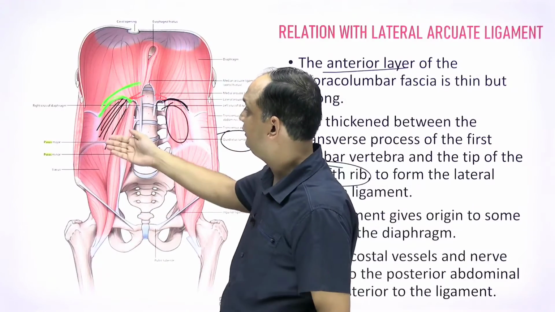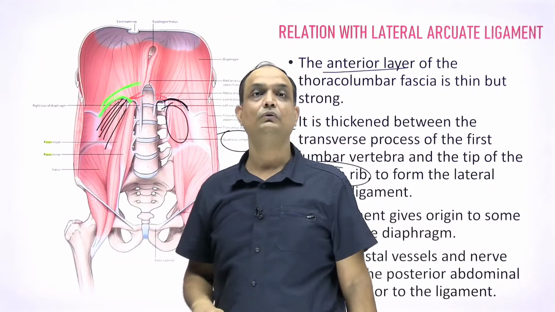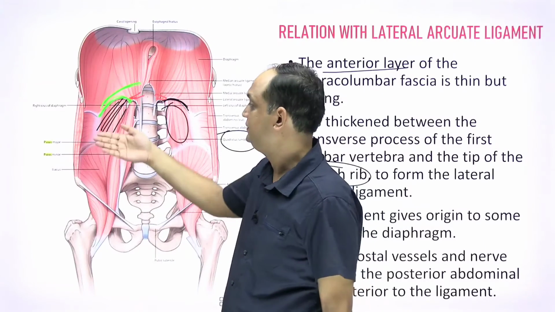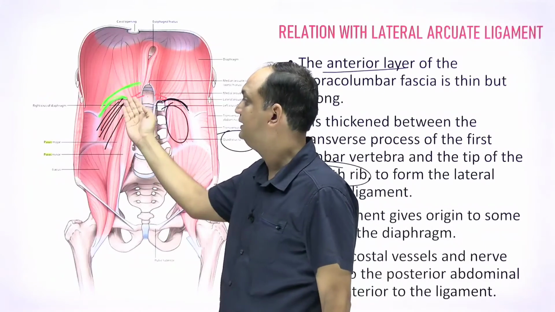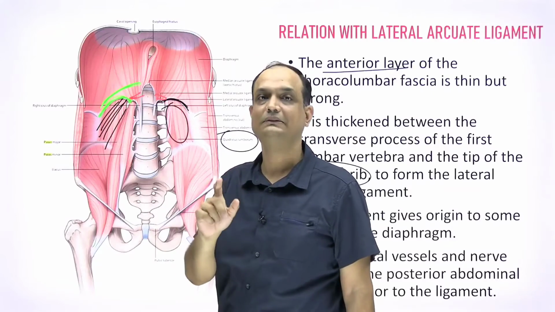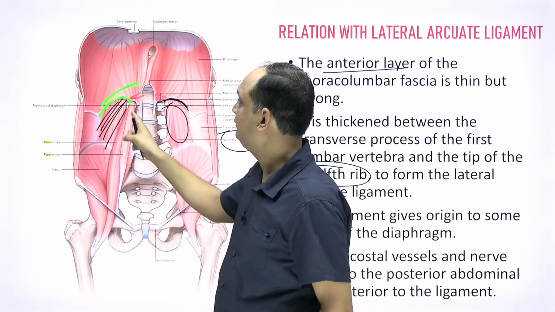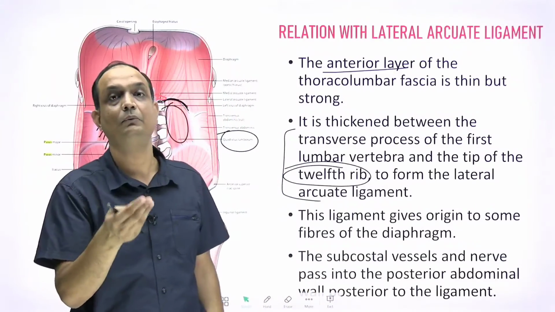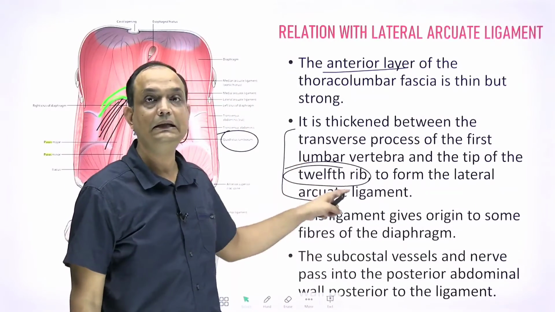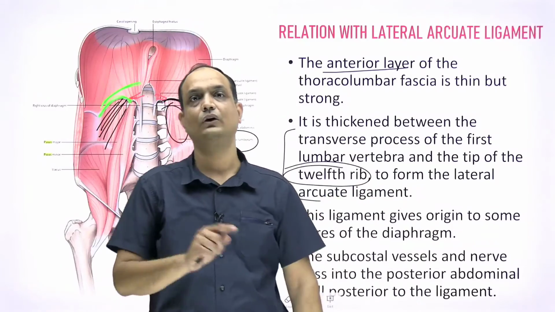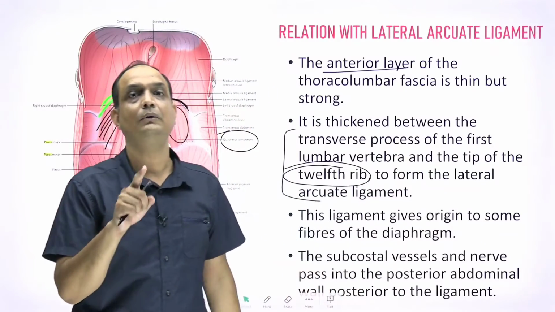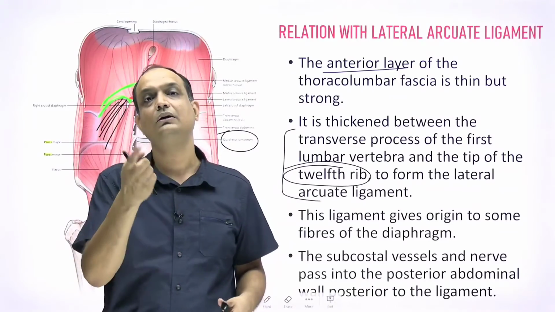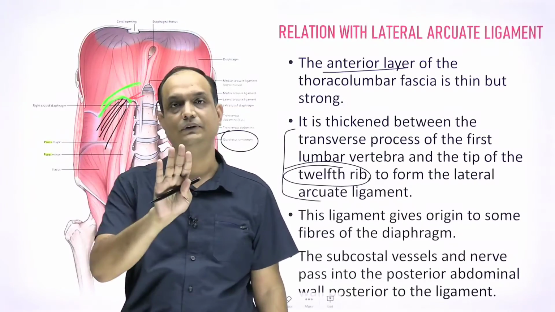Actually, the anterior covering of your quadratus lumborum, which is known as the anterior layer of thoracolumbar fascia, will merge with this lateral arcuate ligament, not the muscle. So this is what you have to understand: the lateral arcuate ligament is a modification of the anterior layer of your thoracolumbar fascia, while the quadratus lumborum inserts on the rib behind the fascia.